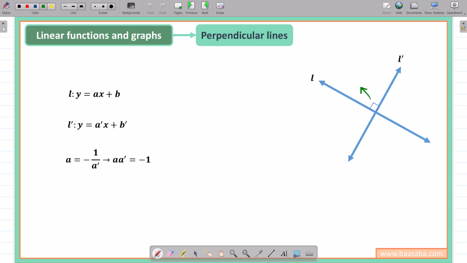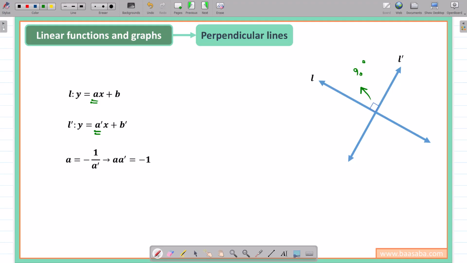It means that they have an angle of 90 degrees with each other. With their equations, we have nothing to do with the constant terms, but we have to take a look at the coefficients of x.